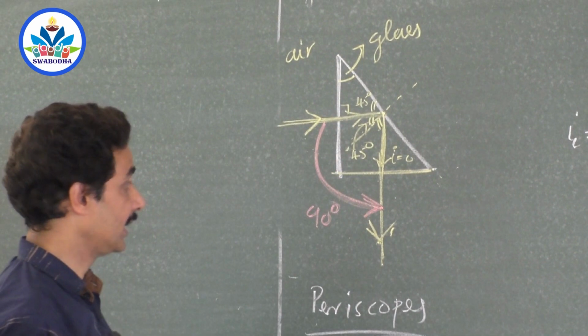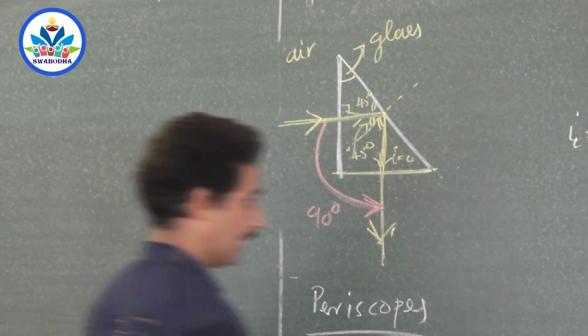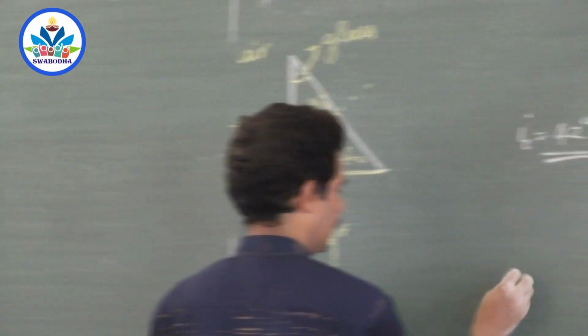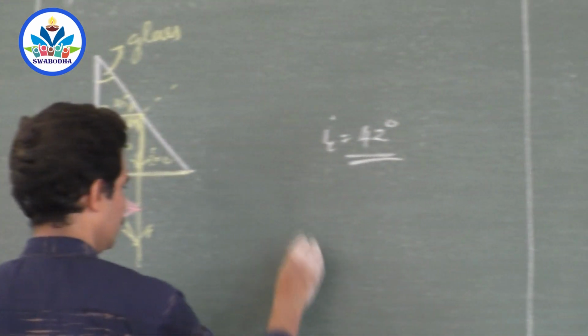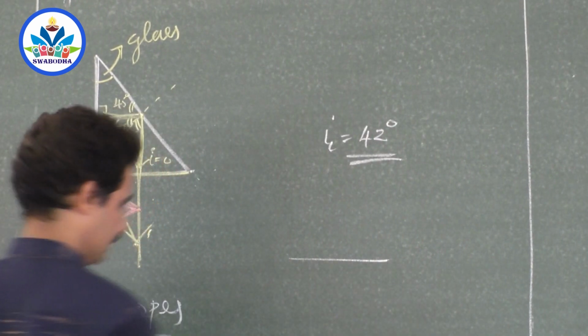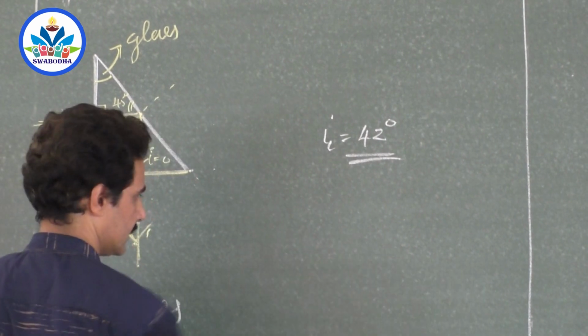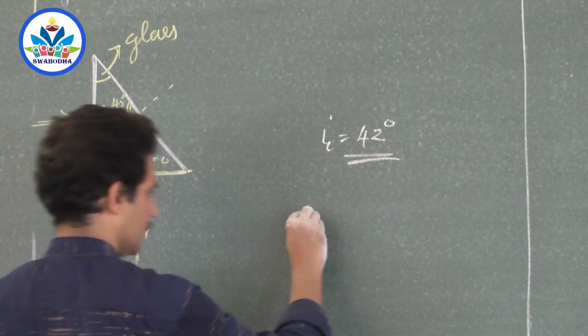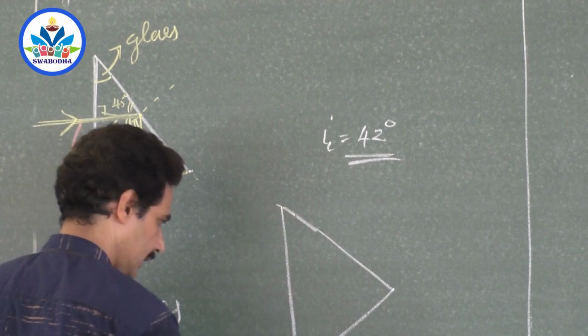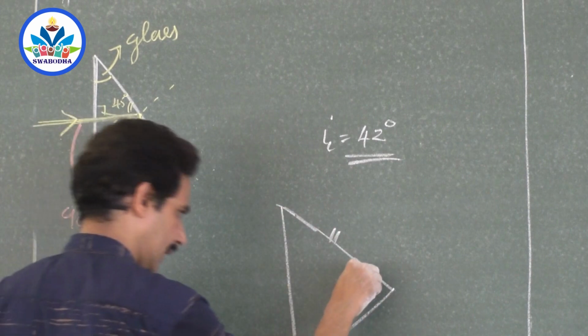Okay, now is there any other application? Yes sir, you can turn the ray of light in a different way. Suppose you have a ray of light moving over, and you have to turn the ray of light by 180 degrees. Suppose there is a total reflecting prism like this. So isosceles right angle.